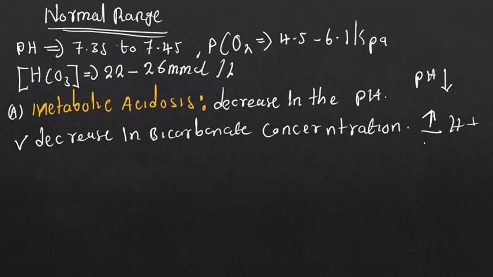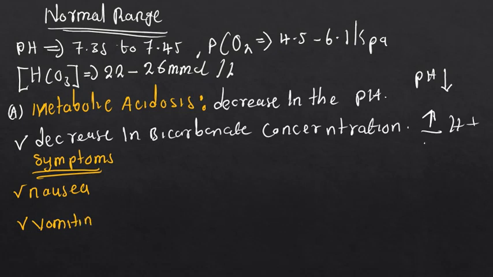Okay, let's look at the symptoms. What are the symptoms of metabolic acidosis? Symptoms: number 1, nausea, vomiting, and fast breathing.